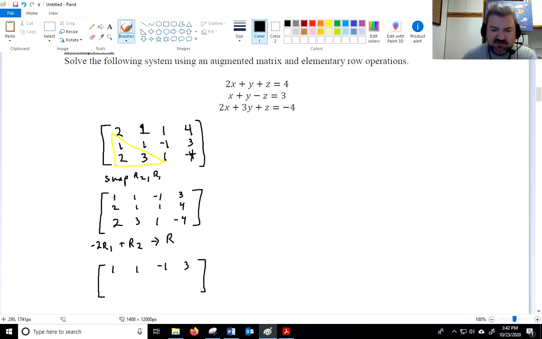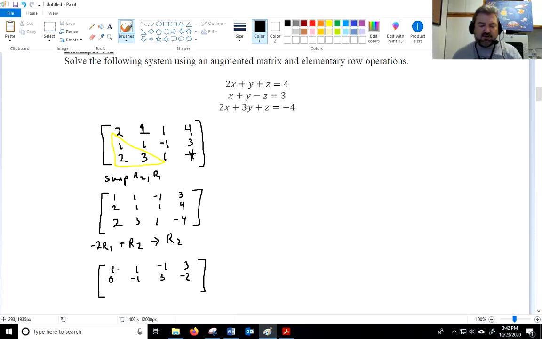So this times a negative 2 plus this, 2 plus negative 2 is 0. We're storing the result back in row 2, right? This times a negative 2 plus this. So negative 2 plus 1 is a negative 1. Positive 2 plus 1 is 3. Negative 6 plus 4 is a negative 2.